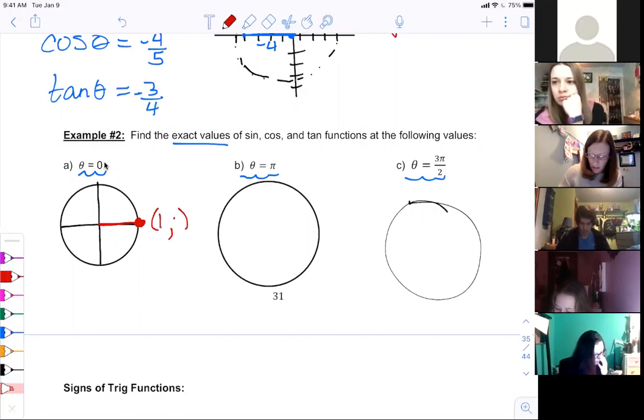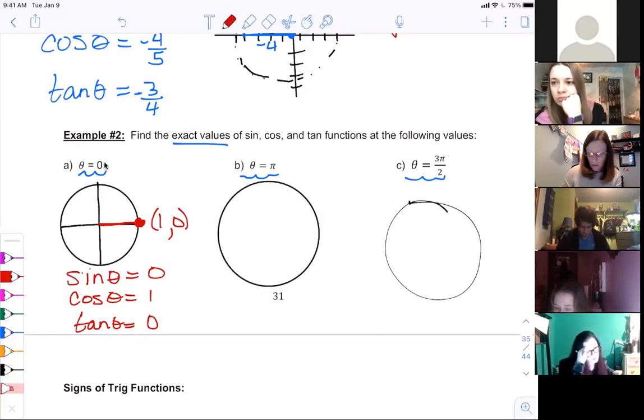It is. So then, Peter, the sine would be? The sine would be 0. The cosine is? 1. And the tangent is? The tangent would be 0.